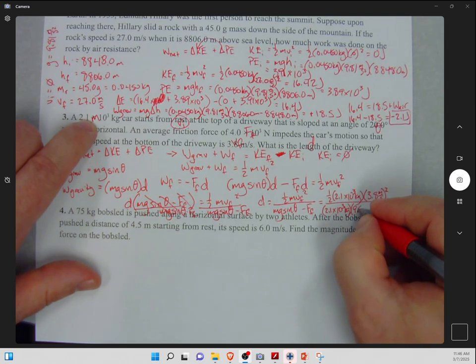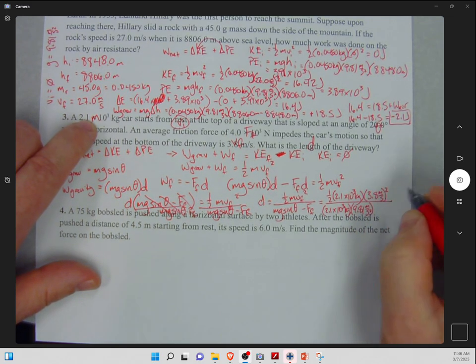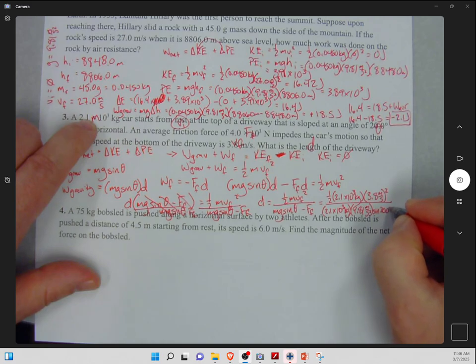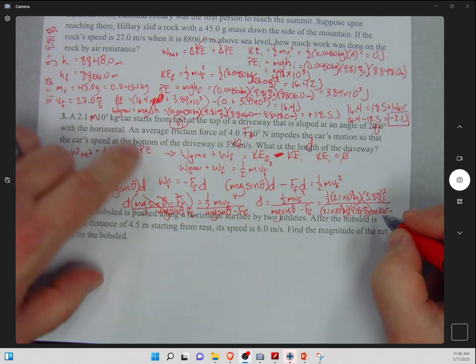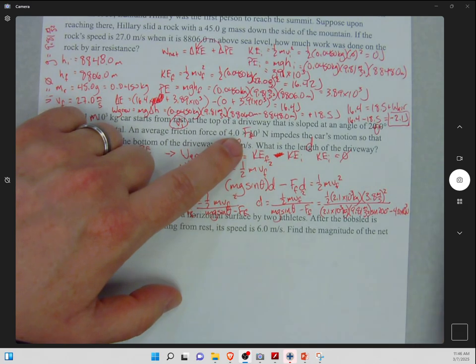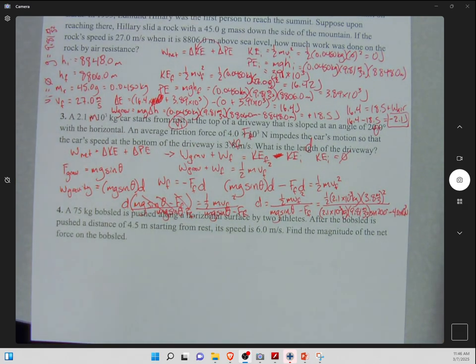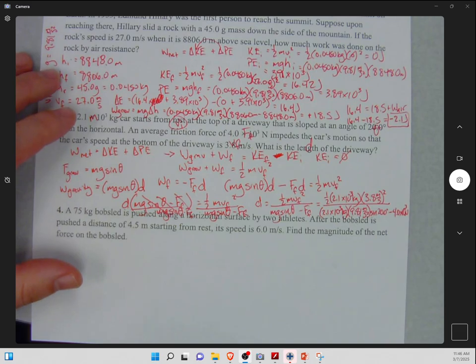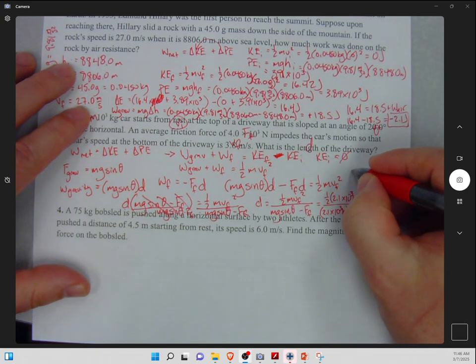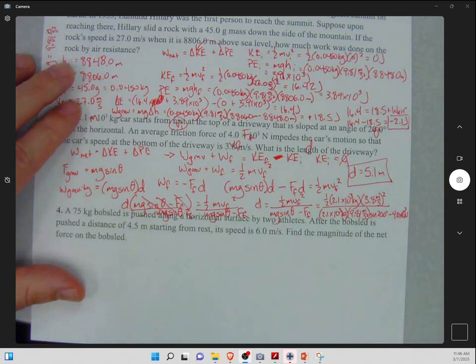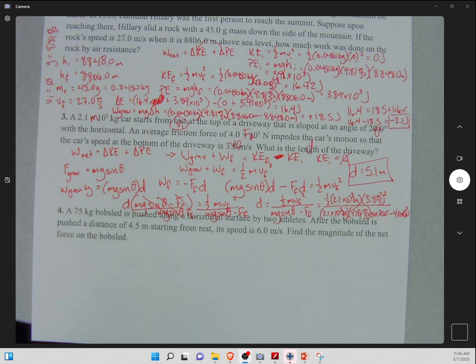G is going to be 9.81 meters per second squared. What's next? Sine of 20 degrees minus force friction. Watch out for my really well planned out calculations. But when I plug all these values into the calculator, my final answer is going to be 5.1 meters.